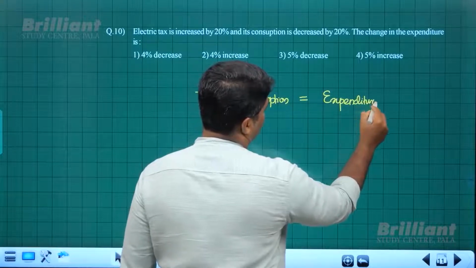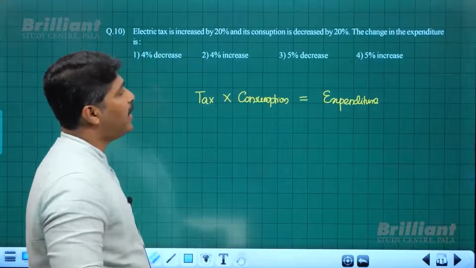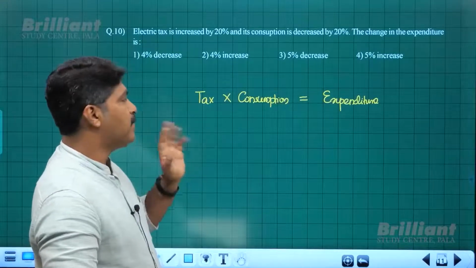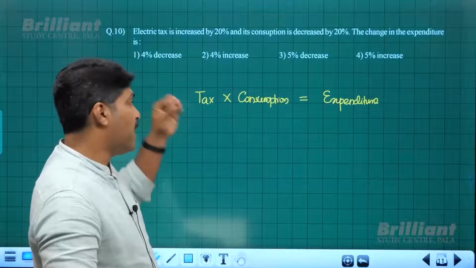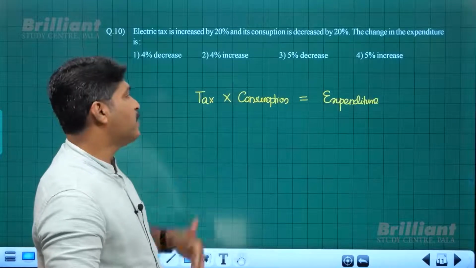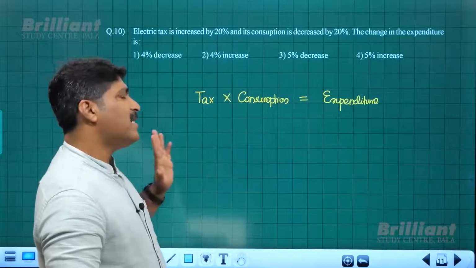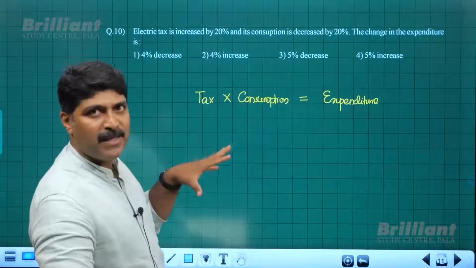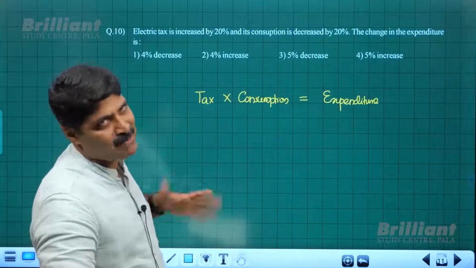So here, thus we are considering like this. The product of tax into consumption will be equal to expenditure. Here tax is in the form of price per unit, we just consider. Or at least in the case of expenditure in tax, like that we can consider. Not the full expenditure, maybe it's related to tax related expenditure.